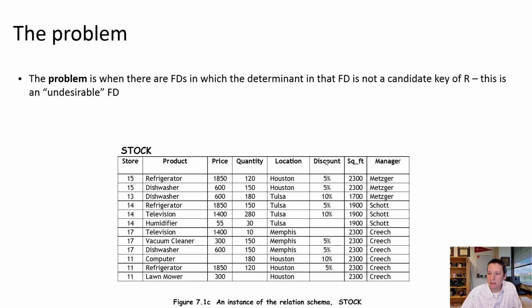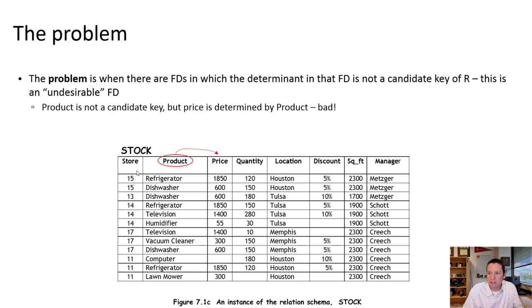So in our stock example, recall that we said this combination of these two attributes, store and product, can uniquely identify every tuple. Therefore, it's a super key, it's a candidate key, and we've just said we're going to select it as our primary key. But then the semantically obvious functional dependencies are that product functionally determines price.